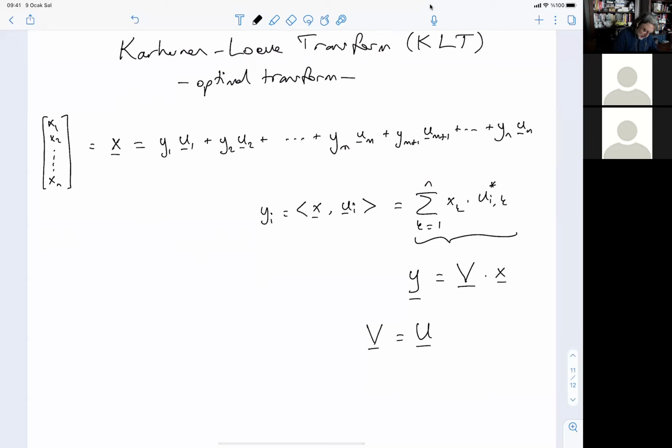Let me write it like this: u conjugate, and where u is, I will write it here, u vector is consisting of u1, u2, etc., all the way up to un.